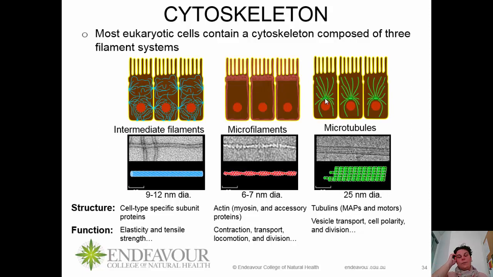Now, this skeleton in particular is very important in cell division, and we will talk about cell division in a couple of sessions' time. But it's also important in vesicle transport. Remember those vesicles from Golgi and from ER that are carrying your proteins? Well, those vesicles need the grounding. The buses basically need the road. Now, this road is actually provided by the microtubules as well as by the microfilaments.